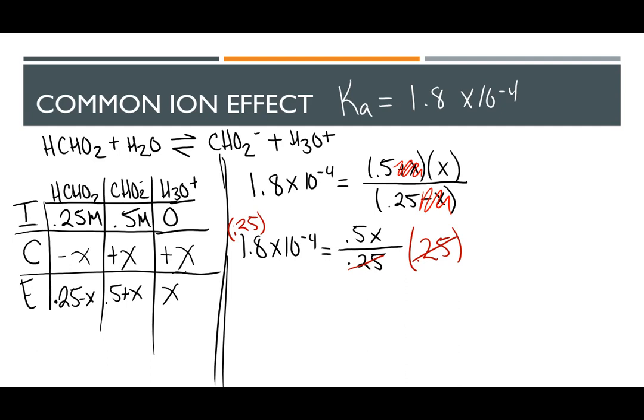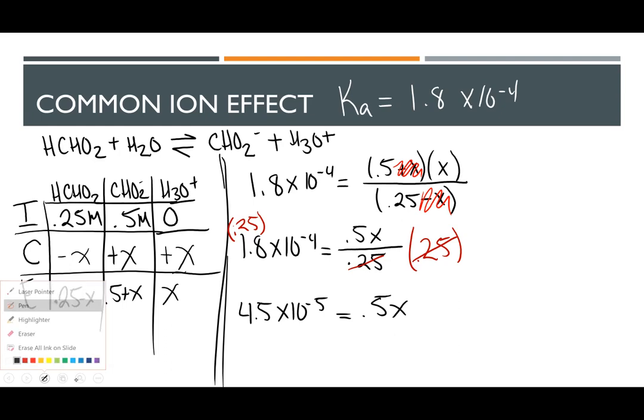So we've got 1.8 times 10 to the -4th times 0.25. So over here, we've got 4.5 times 10 to the negative fifth, and that equals 0.5x. So we're going to divide by 0.5 to get x by itself.